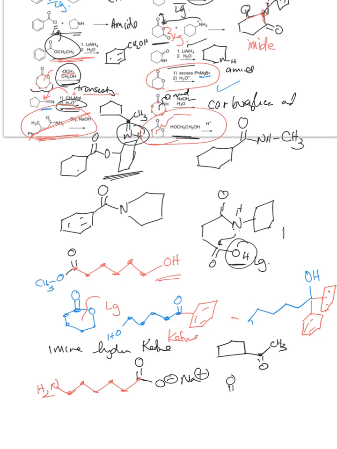This is your leaving group. 1, 2, 3, 4, 5. 1, 2, 3, 4, 5. Make sure OH, and then you get O, CH2, OH, and I think we'll just stop there.